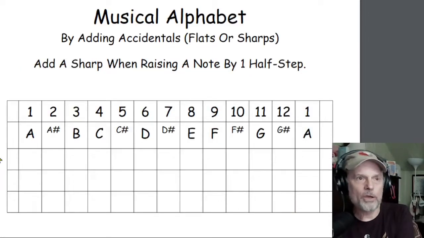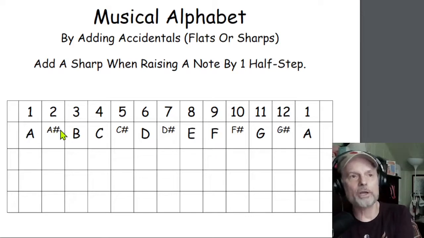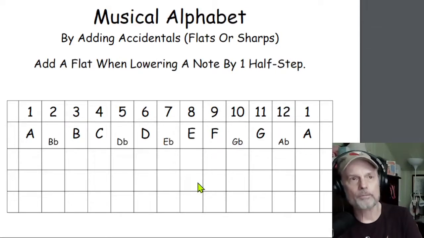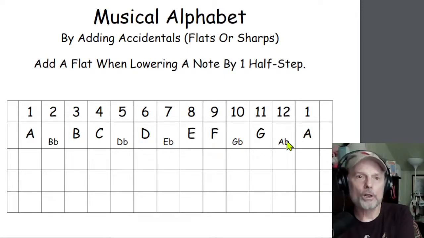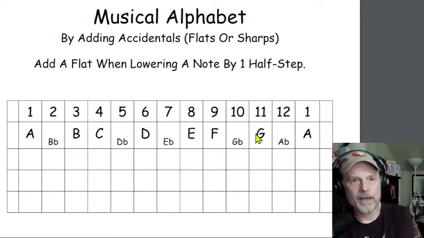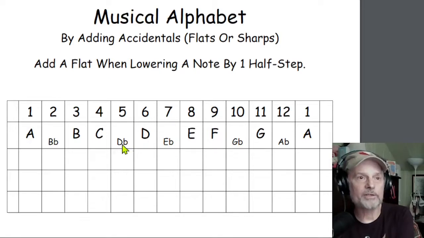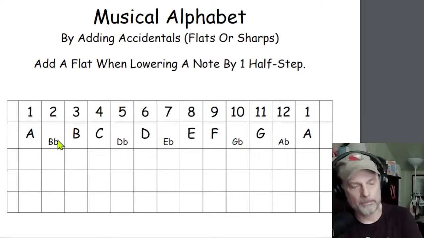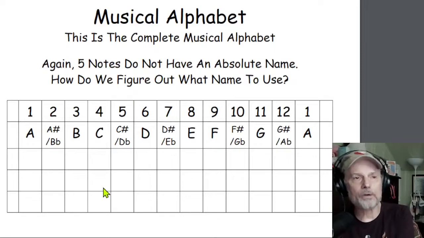Well, if you start with the A and you raise it by 1/2 step, you add a sharp sign and you call it A sharp. A sharp, C sharp, D sharp, F sharp, and G sharp. However, if you start with the A and you lower it 1/2 step, then we call it a flat. A flat, G flat, E flat, D flat, and B flat. And that gives us our complete musical alphabet.